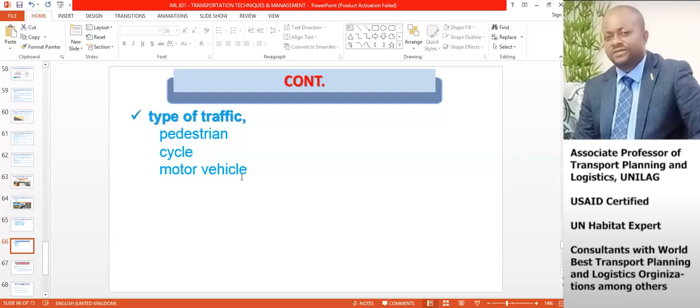Then we have motor vehicle, like we have pedestrian volume, we have cycle volume, and we have motor vehicle volume. So let's look at them in that direction. That we also have the human traffic, the cycle traffic, the vehicle traffic. That is the direction that this also goes.